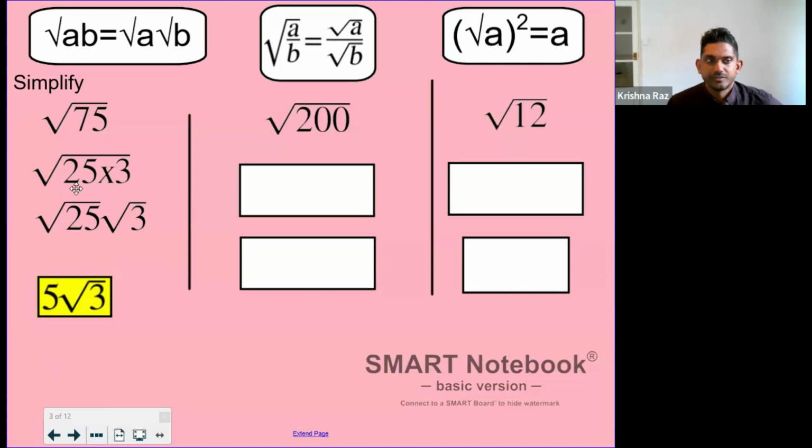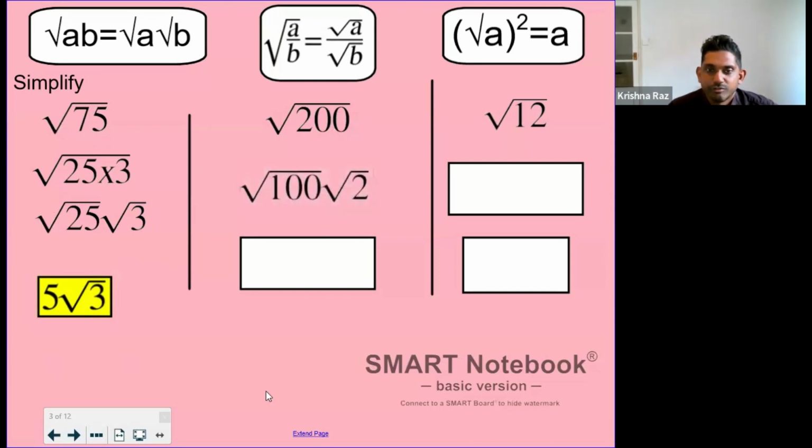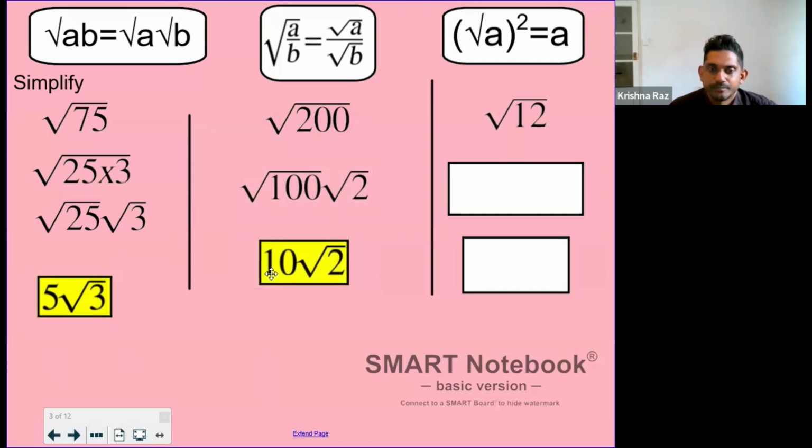Yeah, so it's a lot easier if you can pick a square number as a factor. So if we look at 200, what square number is a factor of 200? That's right, 100. So we have root 100 times root 2, and the square root of 100 is 10. Yeah, we could have gone other ways, but like I said, the most efficient way is to pick a square number.